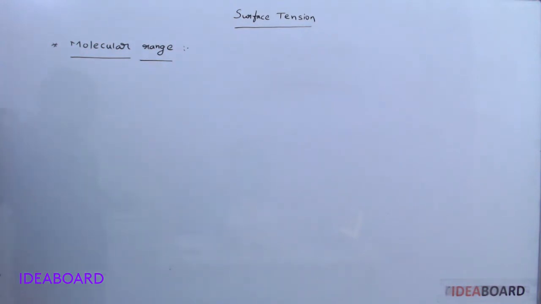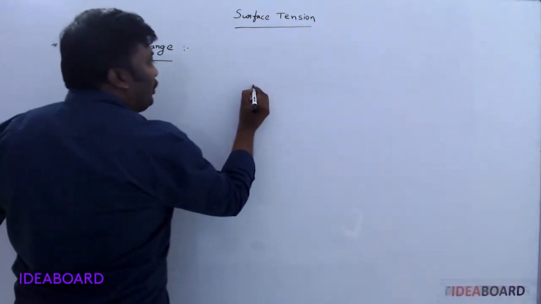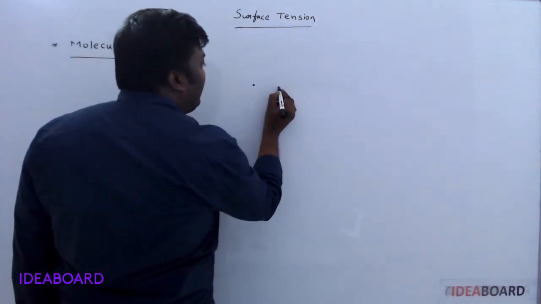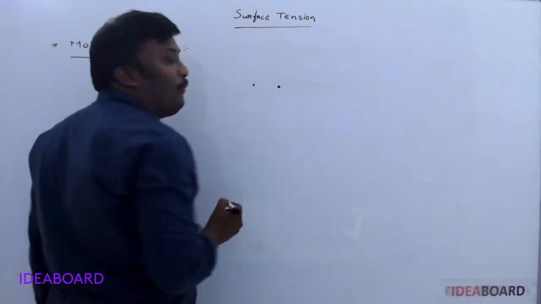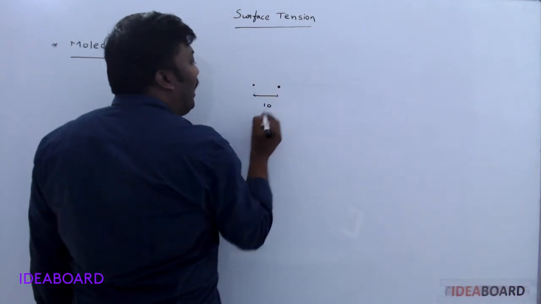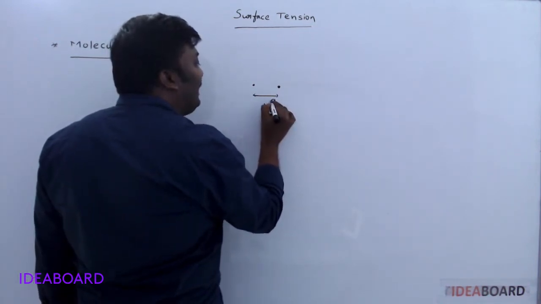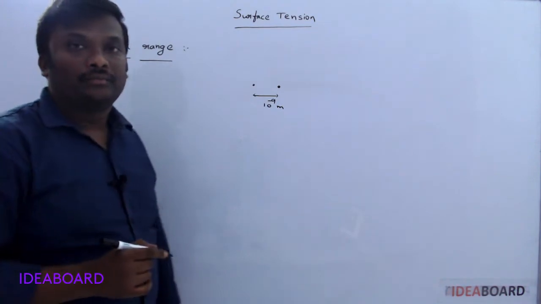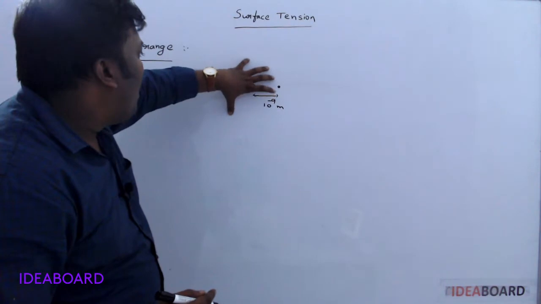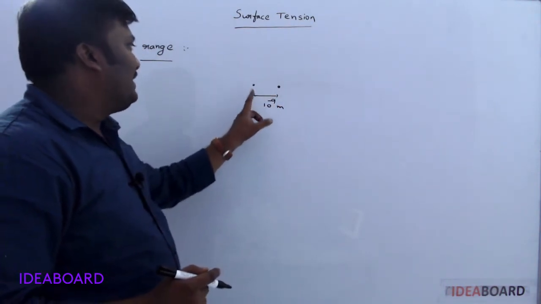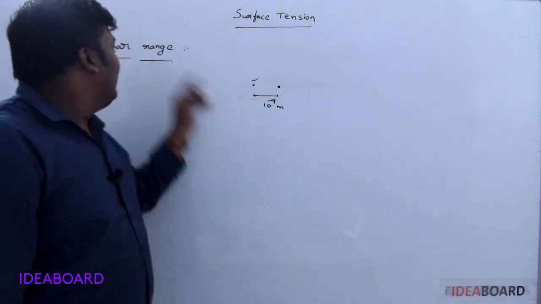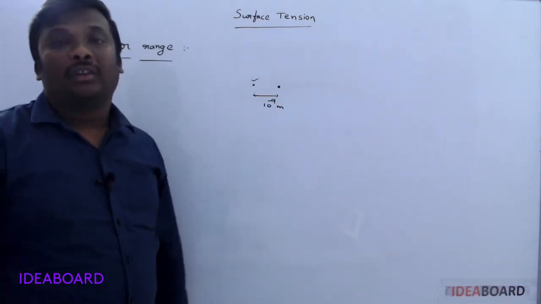The molecular range indicates that if you take a molecule, this molecule is attracted by another molecule of the same kind which is at a distance in the order of 10 power minus 9 meter. Up to this range, every molecule is attracted by the given molecule. Understand? This range is called the molecular range.